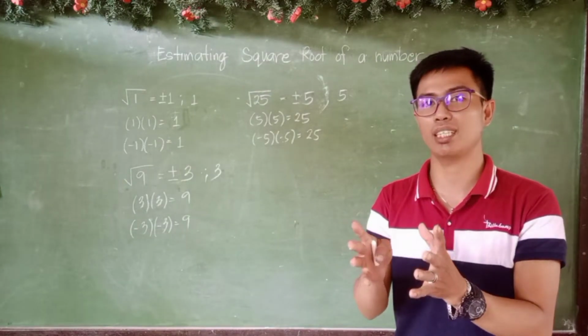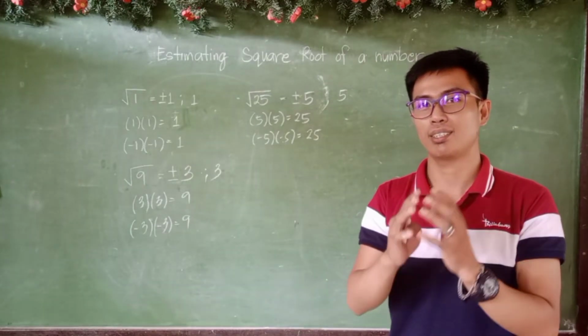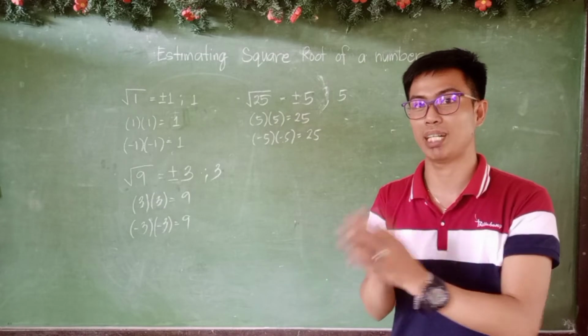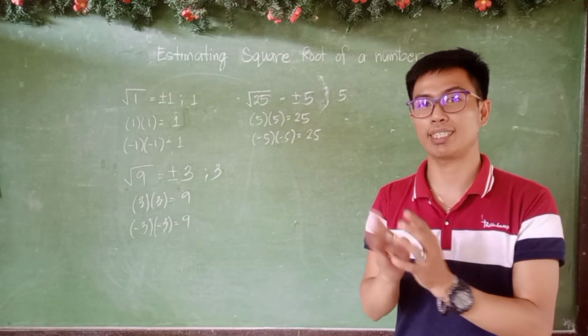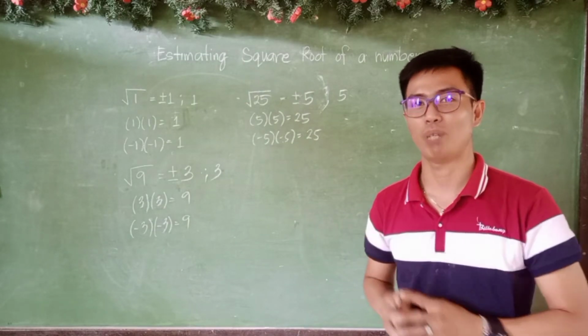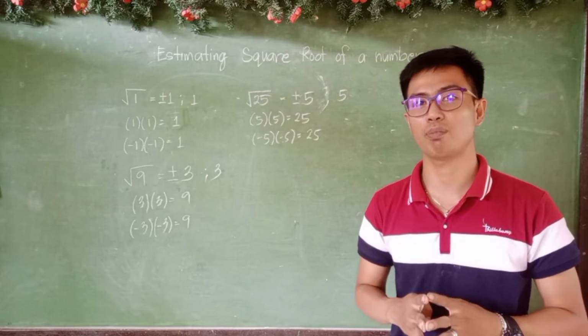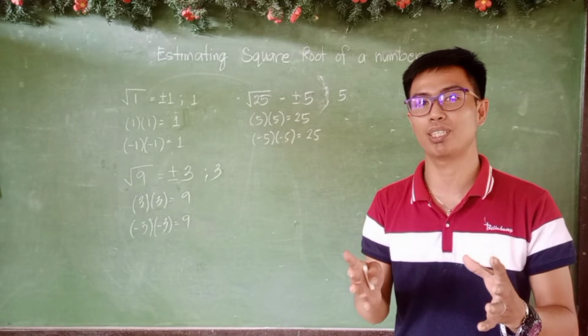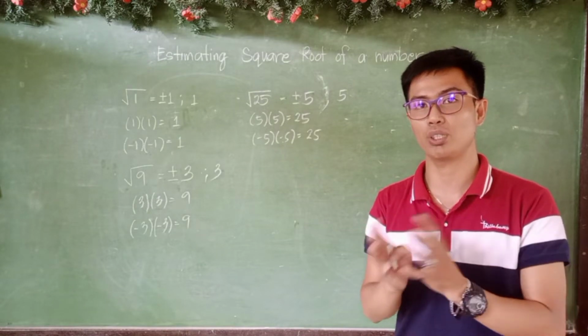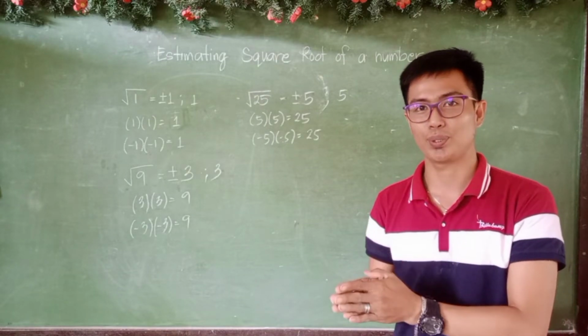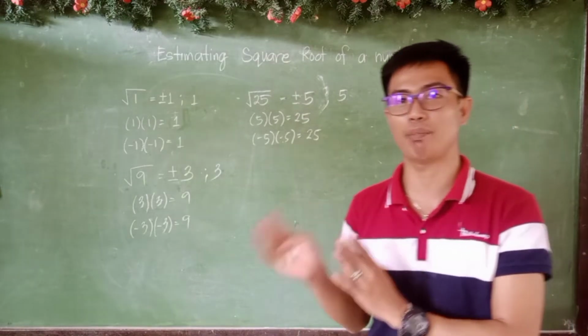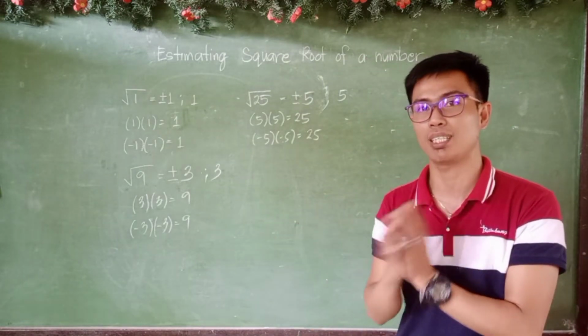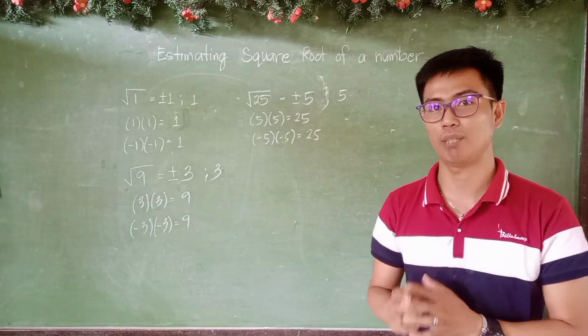Just like the square root of 100. 100 is a perfect square. Bakit? Kasi ang square root niya is 10, and 10 times 10 is 100. Gagamitin natin yun mamaya when we are going to estimate the square root of a number.